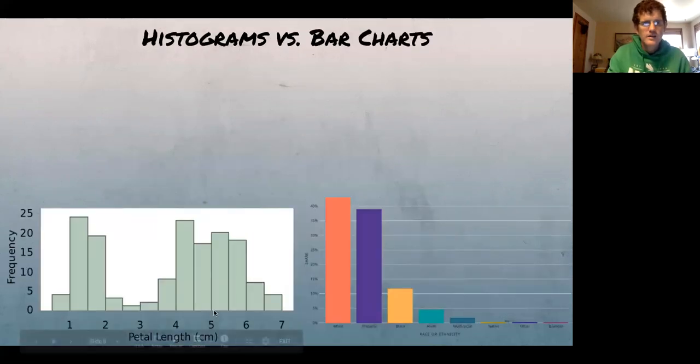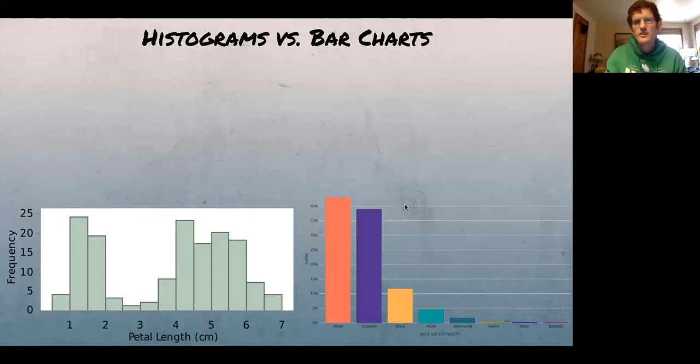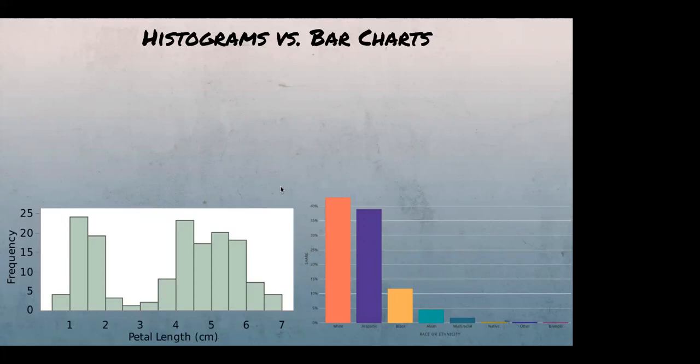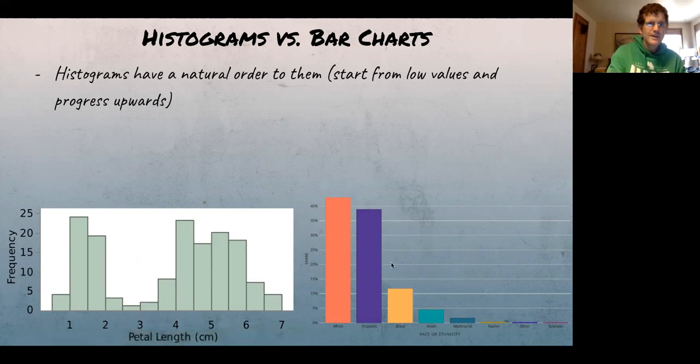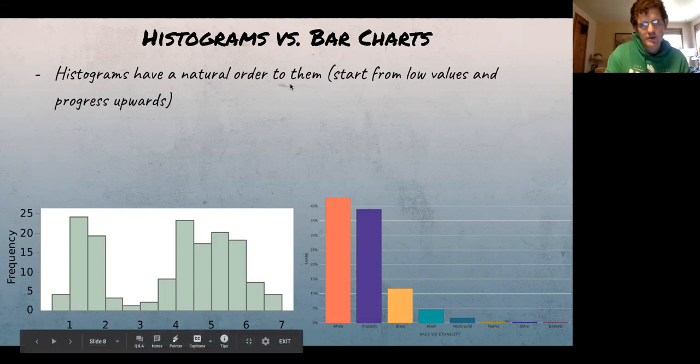Okay, so these two, histograms versus bar charts, do have some important distinctions between them. First of all, histograms are for quantitative data. Bar charts are for categorical data. And histograms have a natural order to them. What I mean is that we're always going to be counting up.